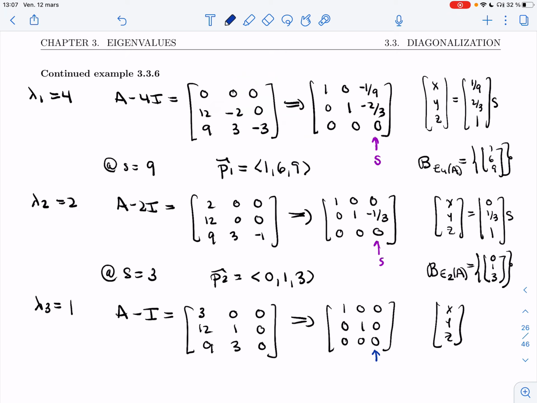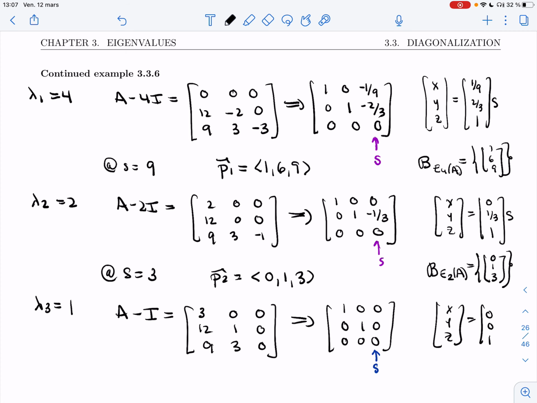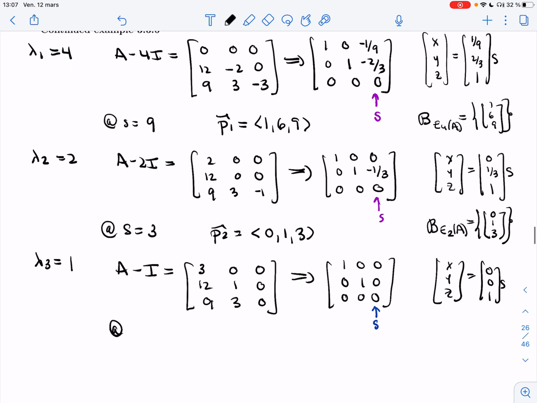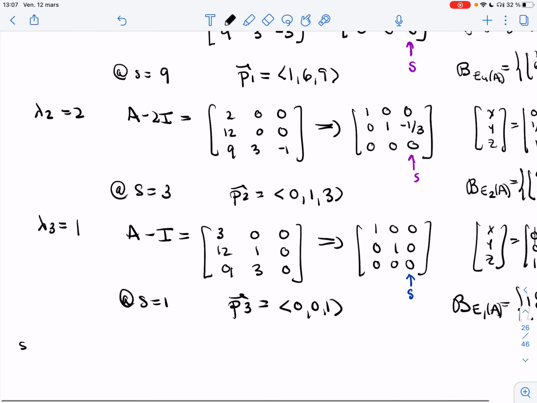It's z, but the other variables are just 0. And so at s equals 1, I will get (0, 0, 1). All right, so I have my basis of eigenvectors for A. I'm going to translate them to get a basis of eigenvectors for T.